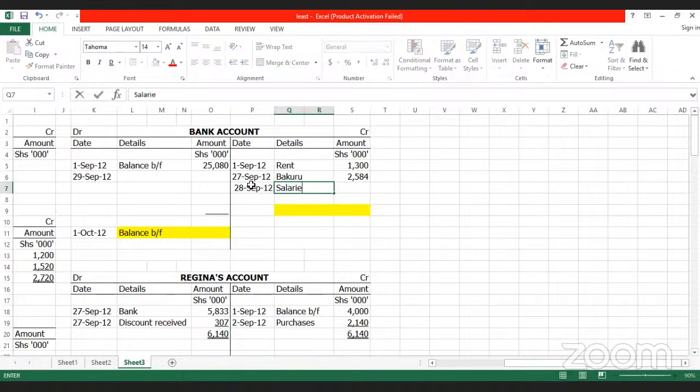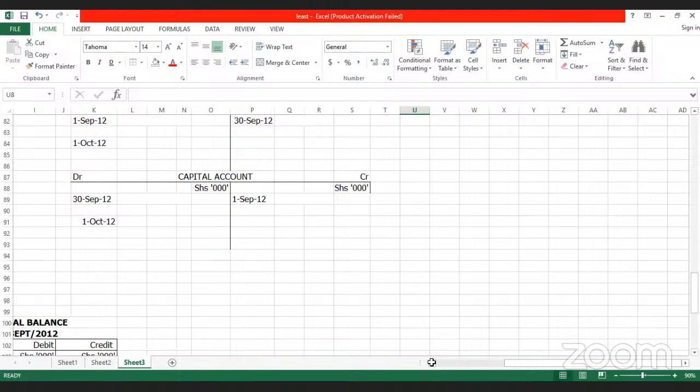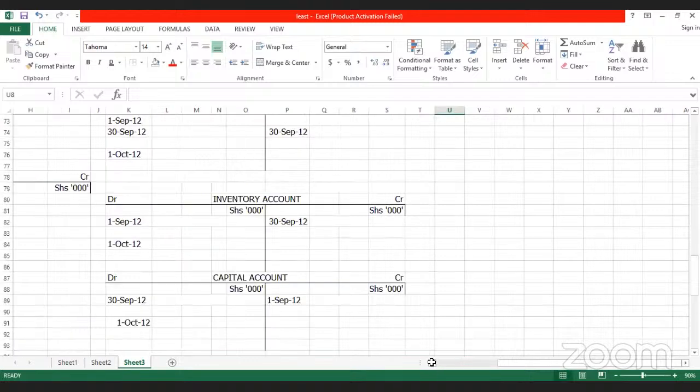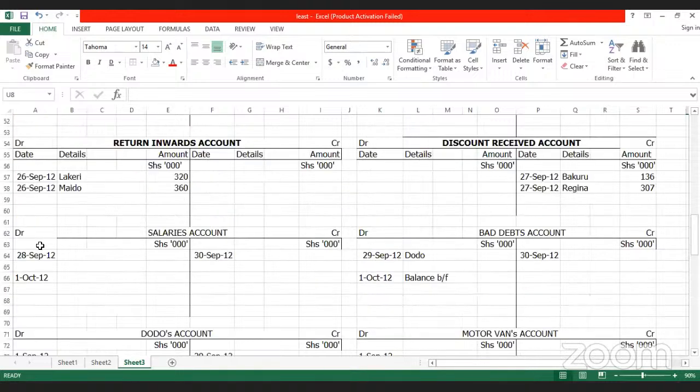The salaries, how much are the salaries? They paid how much? 1,120,000. You need a salaries account. Salaries account. See already.